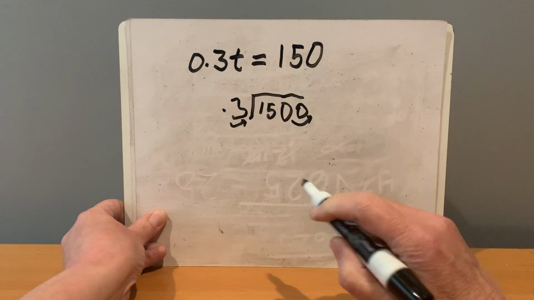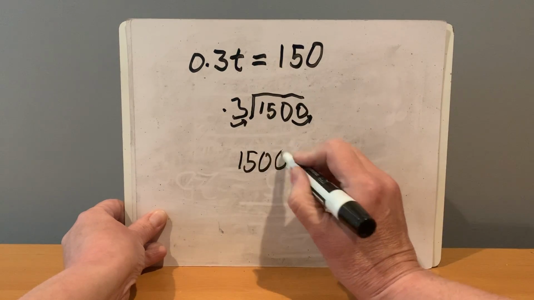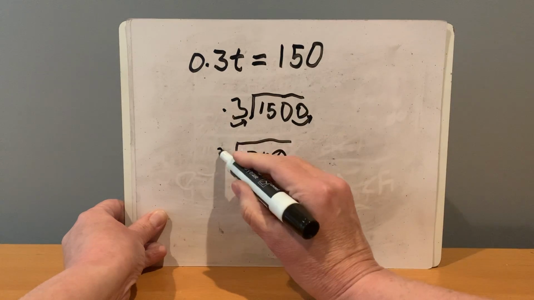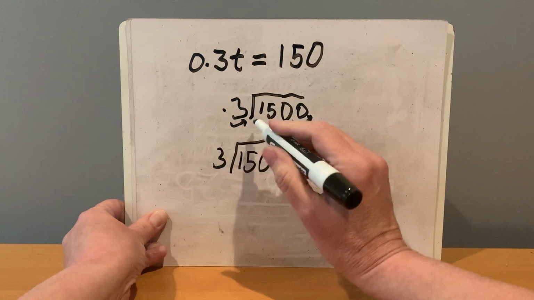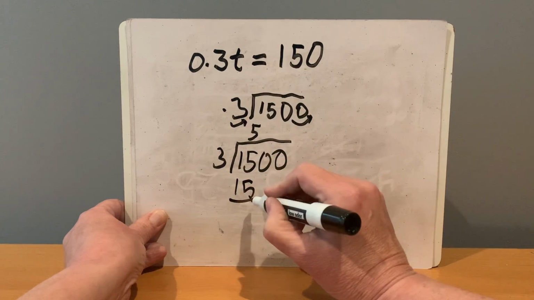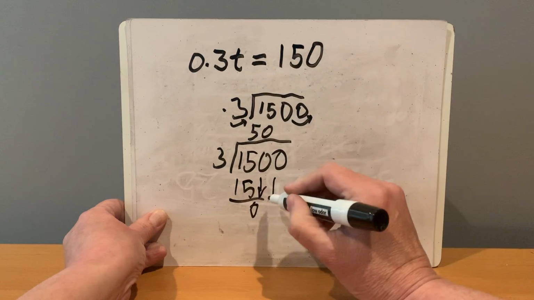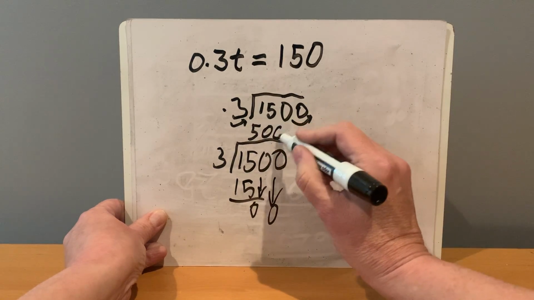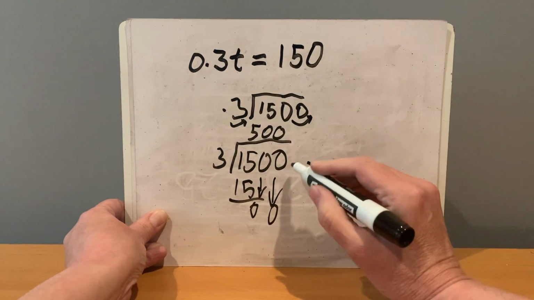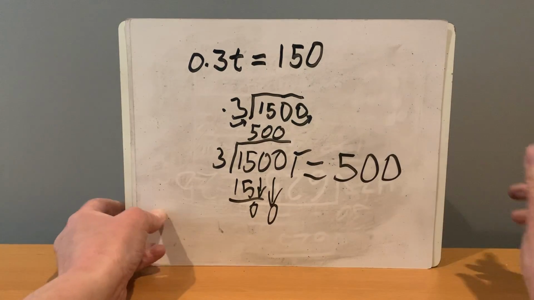So what we end up with is 1,500 divided by 3. And we'll just do the math then. 3 goes into 15 5 times. Bring our 0 down, it goes in 0. Bring our next 0 down, and it goes in 0. And we see that still T equals 500.